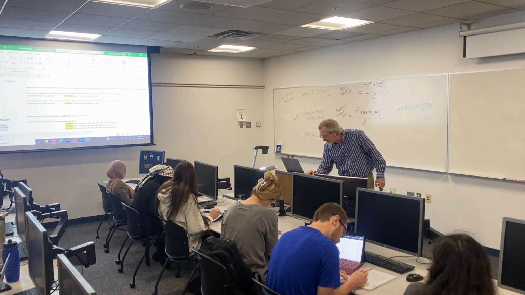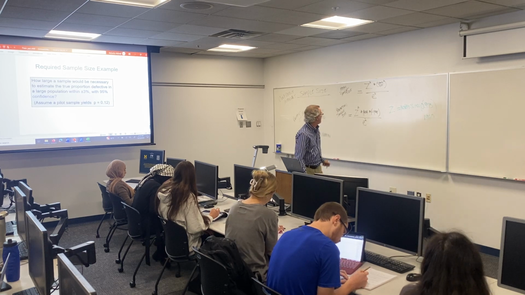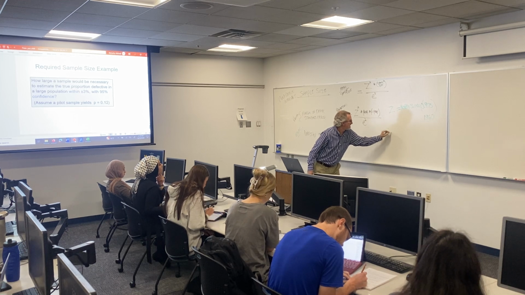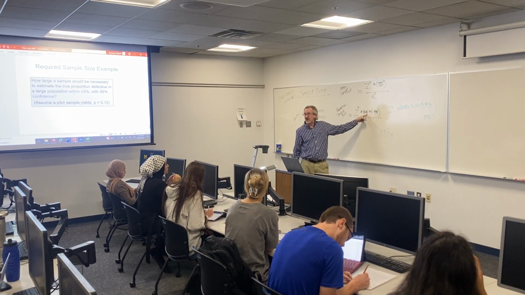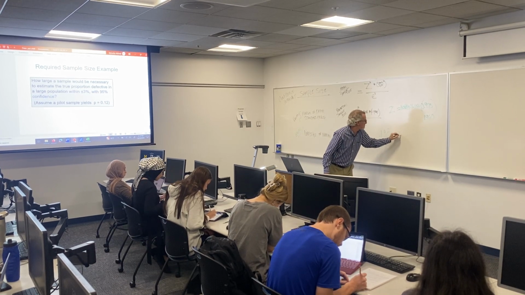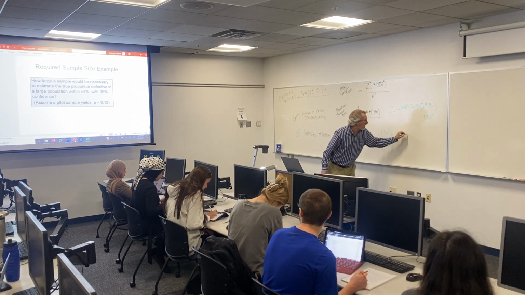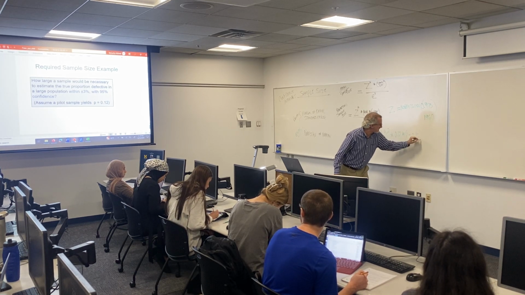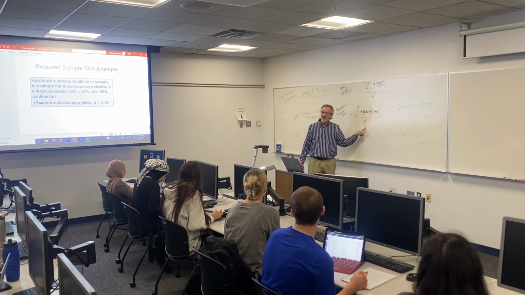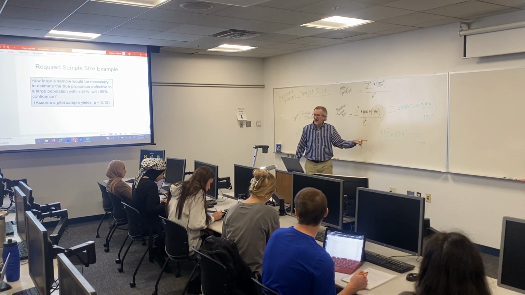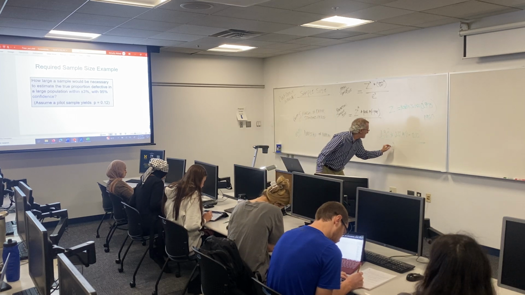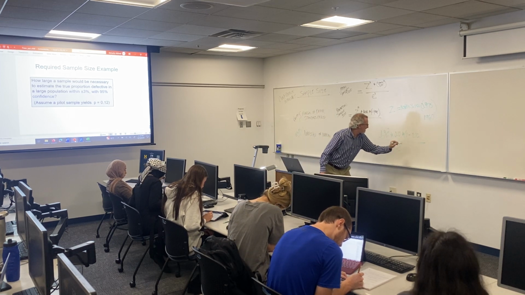All right, help me set it up. Starting here, Z squared, 1.96 squared, times what proportion am I putting here? 0.12, 12%. 0.12 times, parentheses, 1 minus 0.12, parentheses, over, what's on the bottom? 0.03. 0.03 squared.